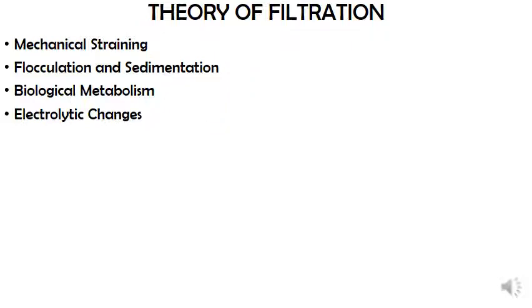Mechanical straining. If you check this particular example, let us say this is our filter, a slow sand filter, rapid sand filter or pressure filter, any of those. Imagine these as the sand particles.